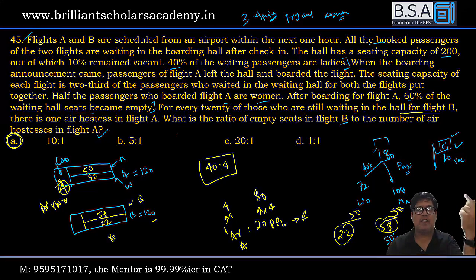So 4 air hostesses are going with flight A. The question is, number of empty seats of B divided by air hostesses in A. So if 80 people are going to B, 40 seats are empty. What is this 40?